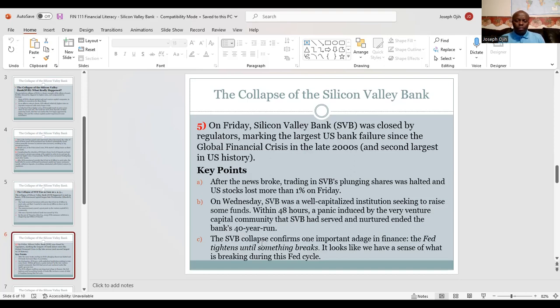So now, with the collapse of this bank, there's this adage we have in finance: the Fed tightens until something breaks. And in this case, we can see what actually broke this time, which is Silicon Valley Bank.